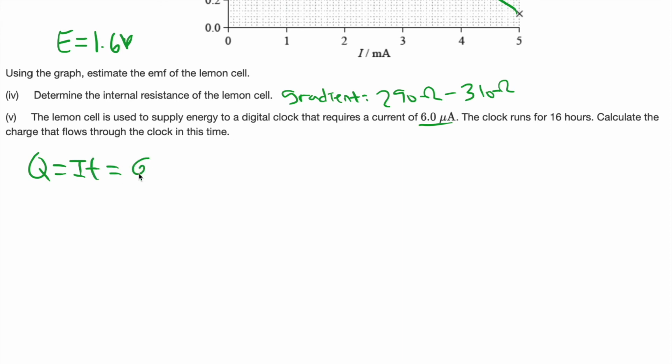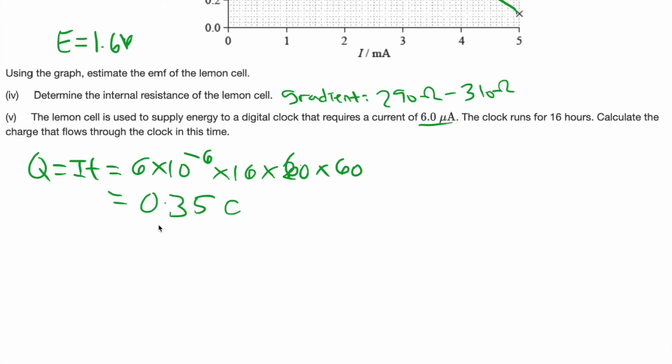So convert 6 microampere to ampere, and then convert 16 hours to seconds. So each hour has 60 minutes, and each minute has 60 seconds. So this will give you a number of 0.35 coulomb. So this is equal to the charge.